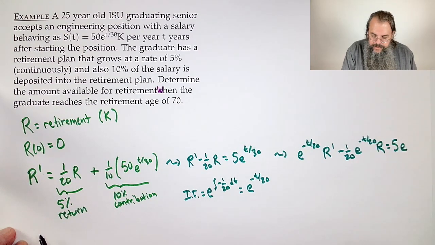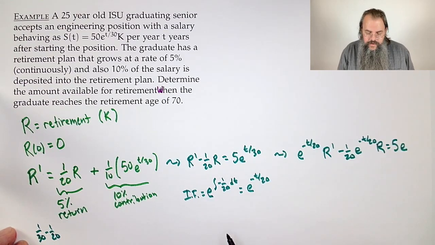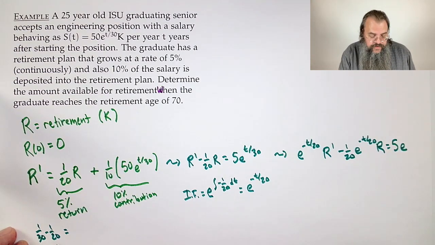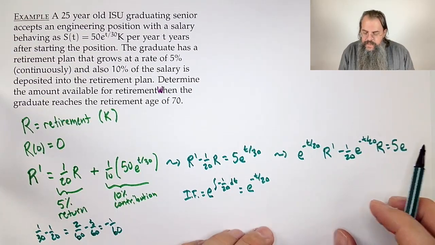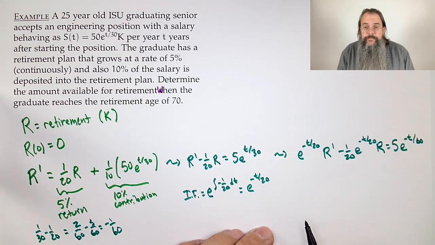We're going to have t/30 subtract t/20. Let's think of this in terms of 60ths. So we have 2/60ths subtract 3/60ths, which is minus 1/60th. So we have e^(-t/60).